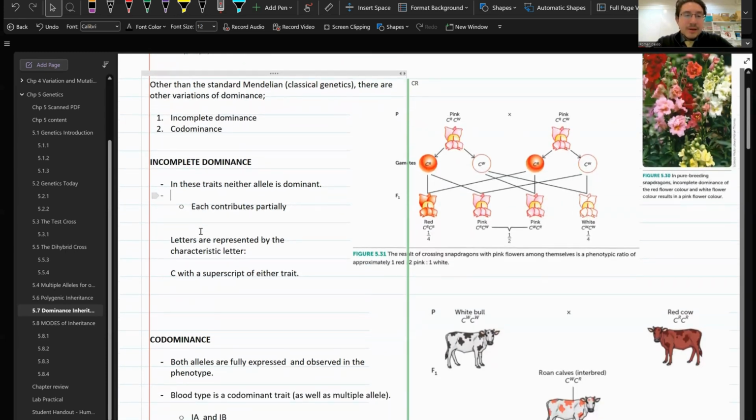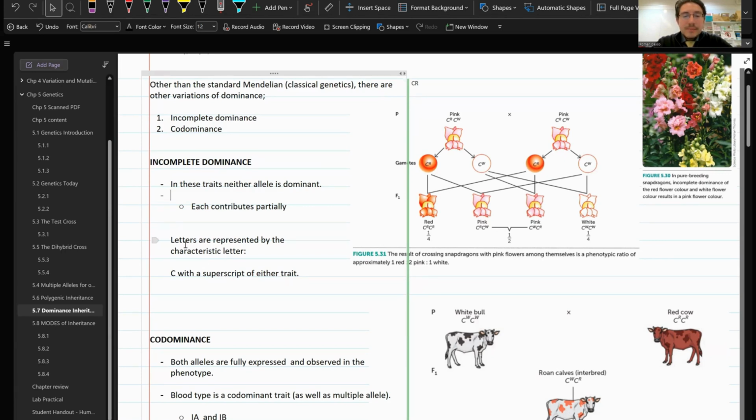In the case of incomplete dominance, the name tells you what's going on: you really don't have a dominant allele. There's no dominant or recessive one. Each allele contributes partially to the particular trait. Again, similar to normal Mendelian genetics, each letter represents a characteristic trait.